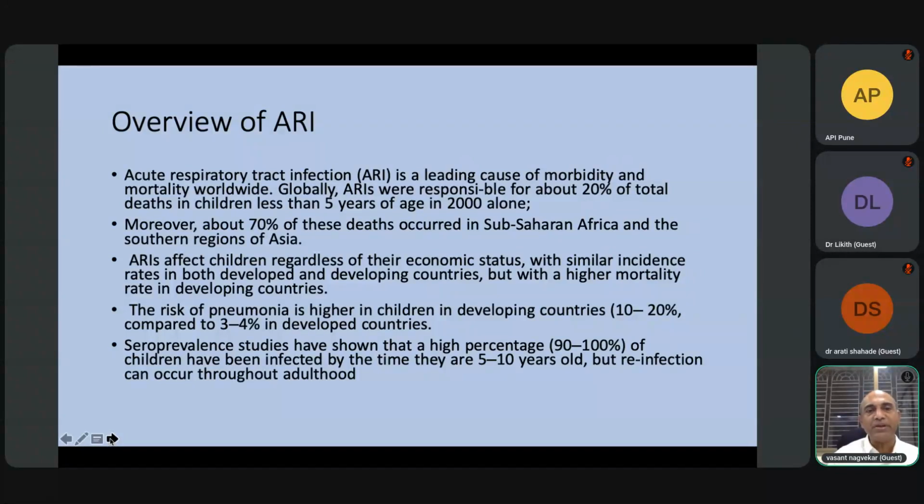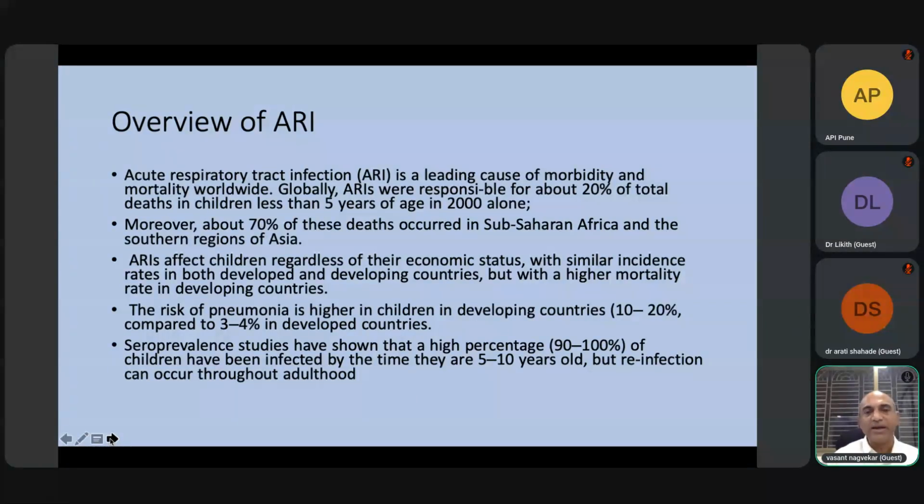Moreover, about 70% of these deaths occurred in sub-Saharan Africa and southern Asia, that is, in developing or underdeveloped countries or middle income countries, but not high income countries. Acute respiratory infection affects children regardless of their economic status, with similar incidence rates in both developed and developing countries, but with a higher mortality rate in the developing countries.